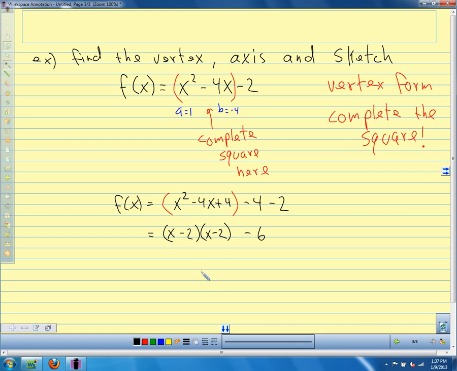If you can pick it out right away, you can say x minus 2 squared. I just wrote out the steps to show how we're breaking this into a perfect square. So this is x minus 2 squared minus 6. And now we have our quadratic function in vertex form.